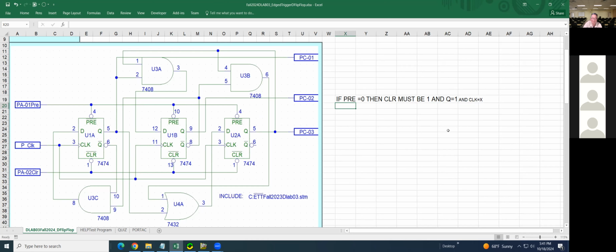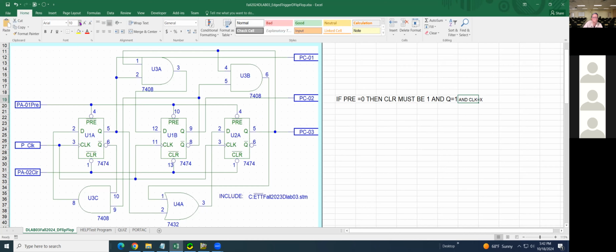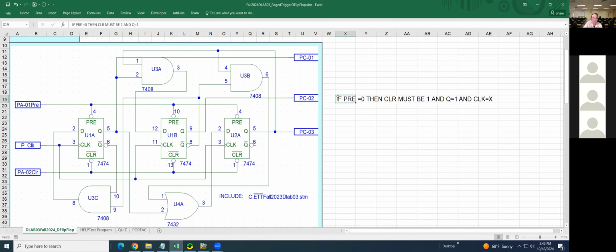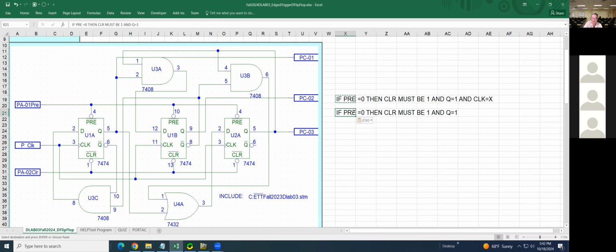Okay, now. Okay, the second one. If clear equals 0, then preset must be 1.